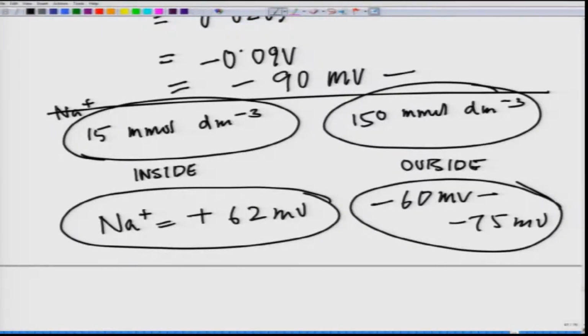Okay. So, when a nerve cell is stimulated, this is a different kind of situation. The sodium channels at the start of the axon allow the sodium ions to move inside, making the potential inside less negative. As more sodium enters the cell, the potential increases to around plus 20 to plus 40 millivolt.